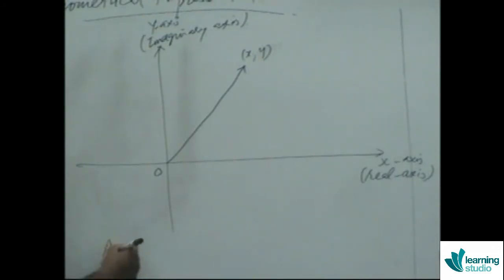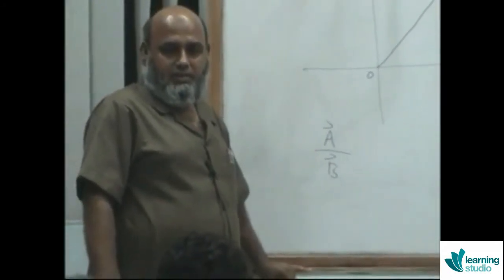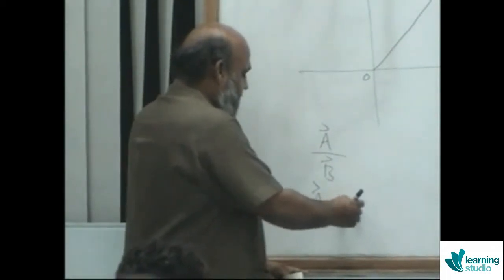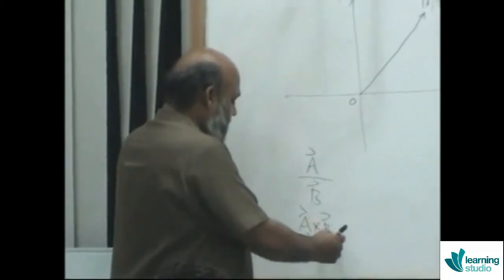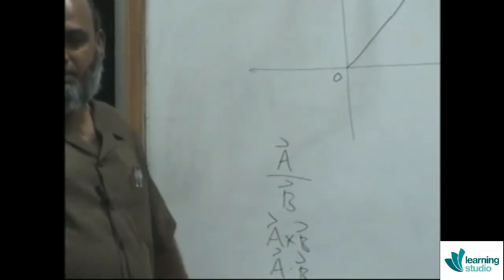If this is a vector, a vector cannot be divided by another vector. This division is not defined. However, the product of two vectors, either it is cross product or it is dot product, is well defined, but division is not defined in vectors.